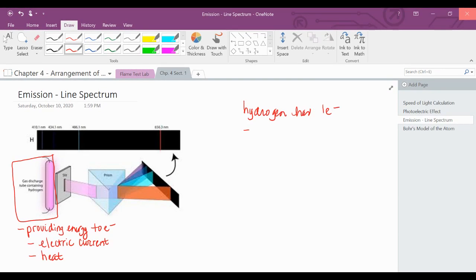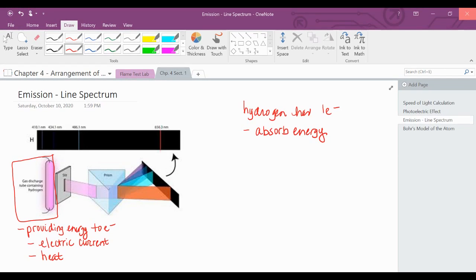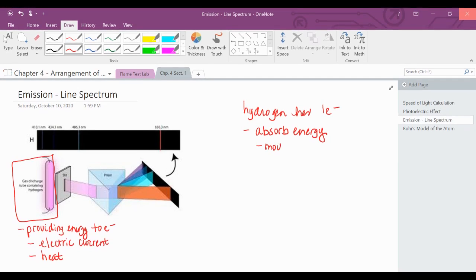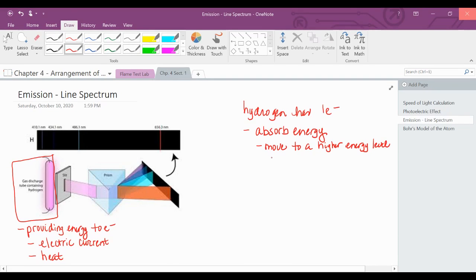And that electron is going to absorb energy. And when it absorbs energy, the electron is going to move to a higher energy level. And the vocab term for this is we call this an excited state.